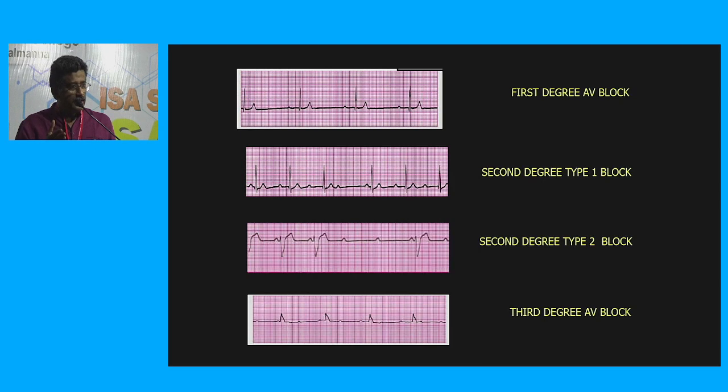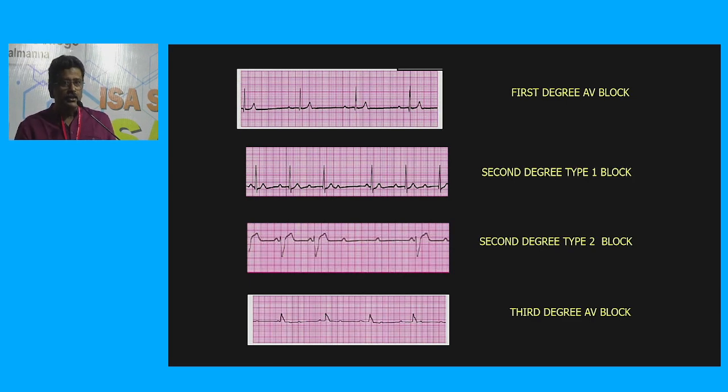You all know the first degree block, where there is an increase in the PR interval. Second degree type 1 has progressive prolongation of the PR interval, followed by a drop beat. You can see the drop beat. Type 2 has a constant PR interval, but there is a drop beat.